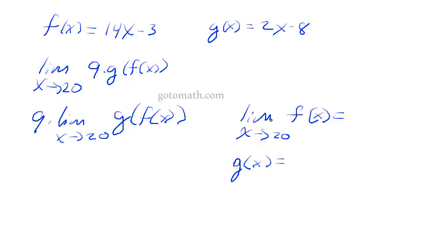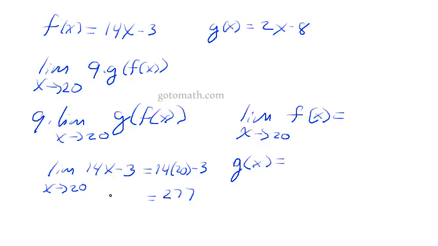So we have the limit as x approaches 20 of 14x minus 3, and we do direct substitution. We have 14 times 20 minus 3, and that's 277.